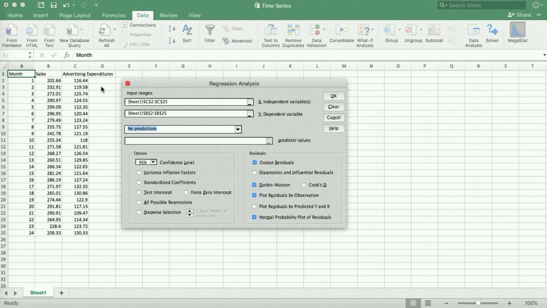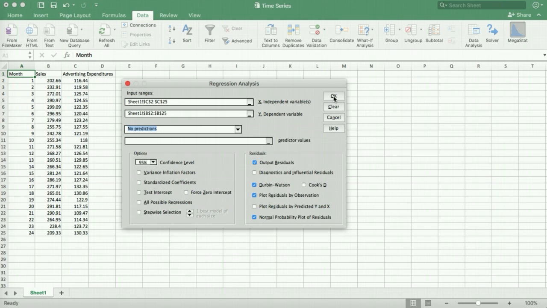Although the two variables are not really time series, this is still time series because the data is ordered by time. The rows are ordered by time, by the month. That's why it's still appropriate to use a residual plot based on time, not a residual plot for predicted y versus the value of x. And then finally, to validate the normality assumption, I'll also have to check the normal probability plot of residuals.